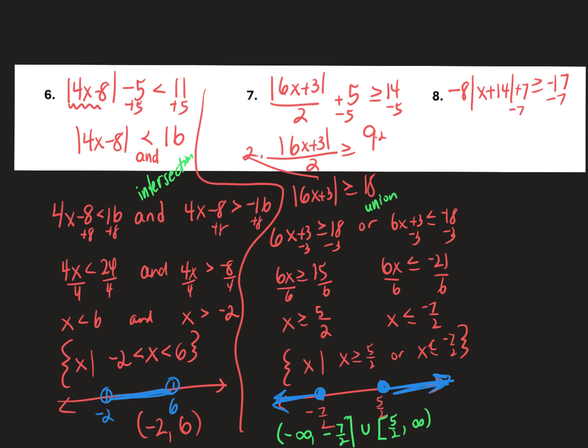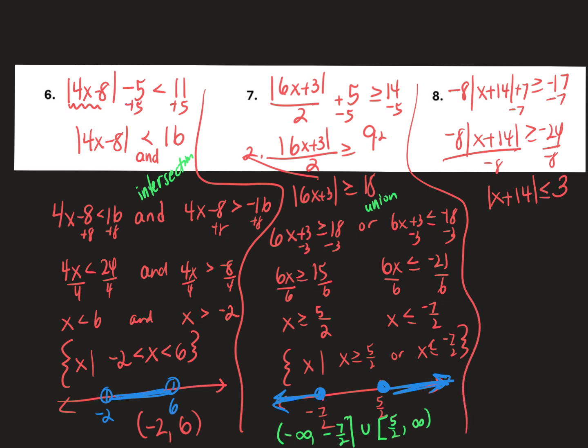And right now this looks like an OR problem, but watch what happens. Negative 8 times the absolute value of x plus 14 is greater than or equal to negative 24. Divide by negative 8. I divided an inequality by a negative. Therefore, that means greater than or equal to must switch to less than or equal to, and negative 24 divided by negative 8 is positive 3.